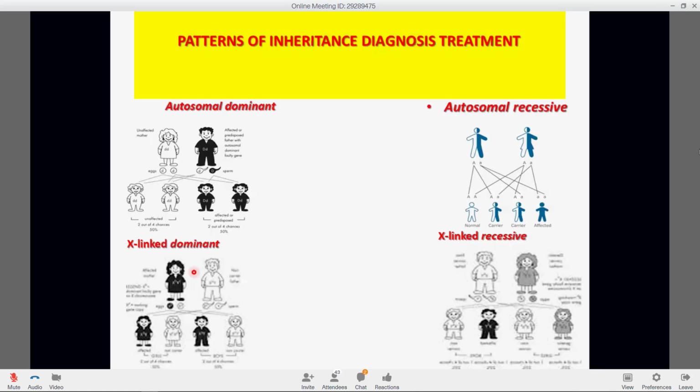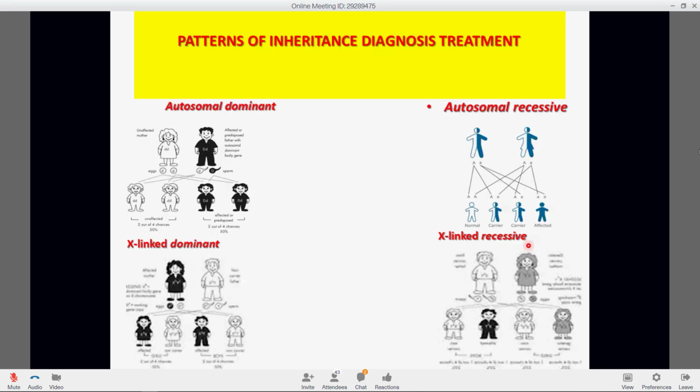So in case of hypophosphatemic rickets, for example, if the mother has the disease, she will transmit the disease to half of her children. If the father is affected, he will transmit the disease to 25% of his children, and this explains why X-linked dominant is more common in females.